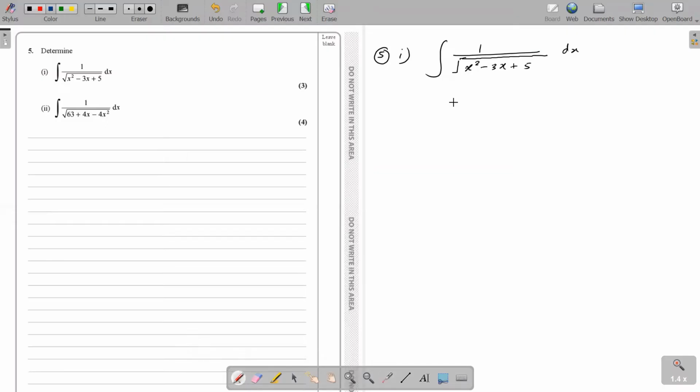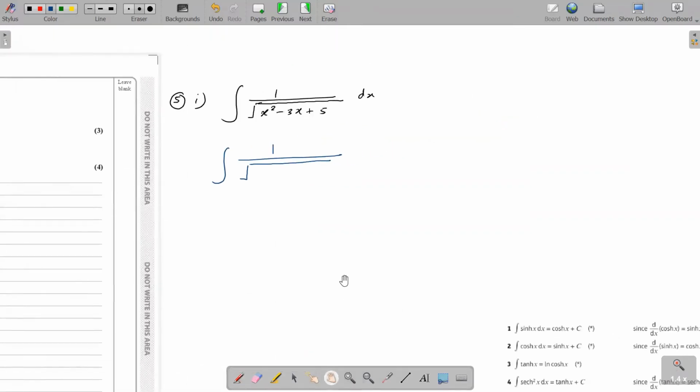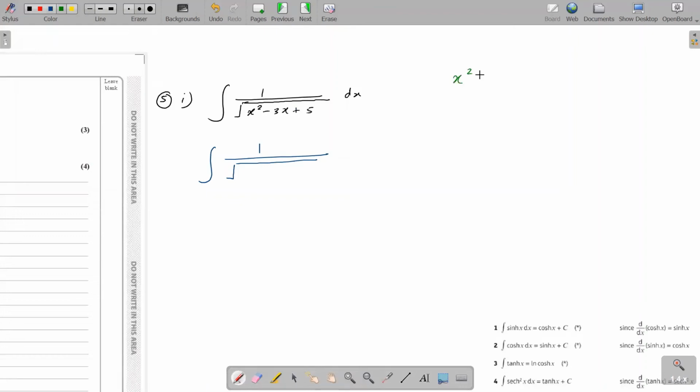What's the first thing you do here? You must complete the square and give it in the complete square format. So what do we get here? x square minus 3x plus 5 can be written as x minus half of 3, so x minus 3 over 2 squared, minus the square of 3 over 2, which is 9 over 4, and plus 5.